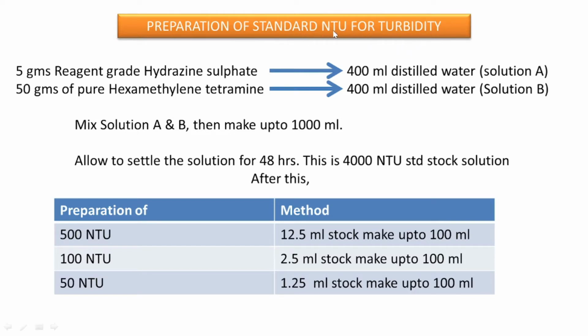Then what is NTU? NTU is nephelometric turbidity unit. This is the unit for measuring turbidity. For that, first we need to weigh 5 grams reagent grade hydrazine sulfate and dissolve it in 400 ml distilled water, which is solution A. And then we need to weigh 50 grams of pure hexamethylene tetramine and dissolve in 400 ml distilled water, that is solution B. Then we need to mix these two, A and B, and make up 2000 ml.